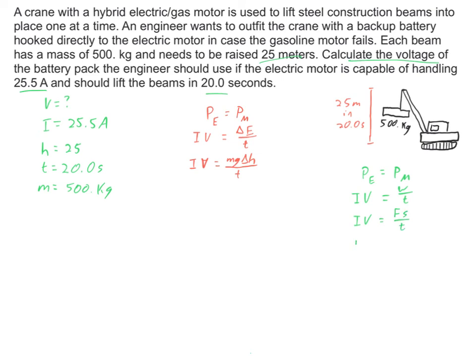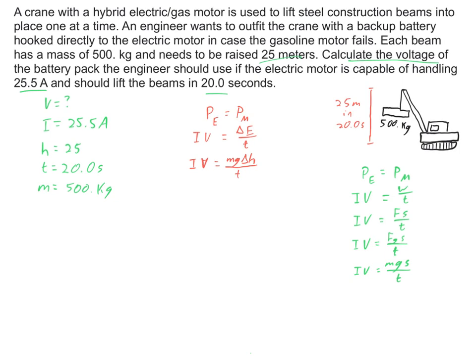One of the principles that we learned was the minimal amount of force needed to lift an object up vertically is equal to the force of gravity. So I'll write Fg for force of gravity divided by time. And I do know the equation for Fg, mg. What you'll notice is it's actually the exact same thing, because the displacement that we move is a change in height. So notice how these two are exactly the same.